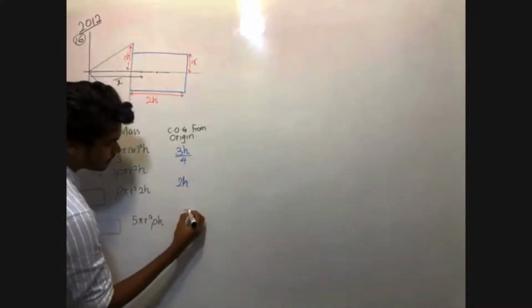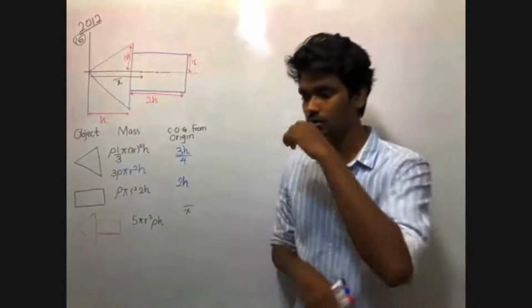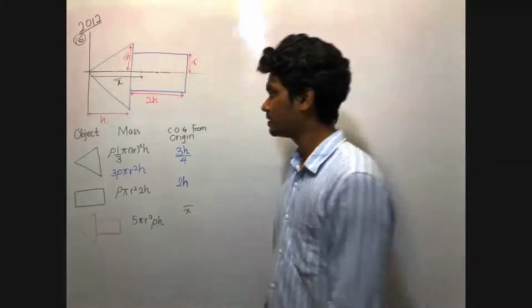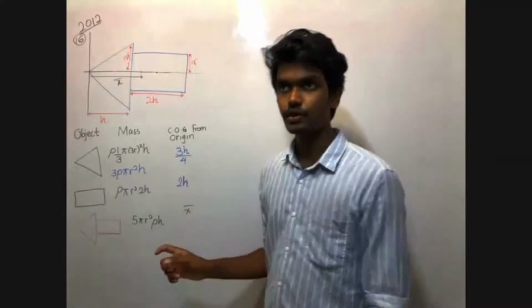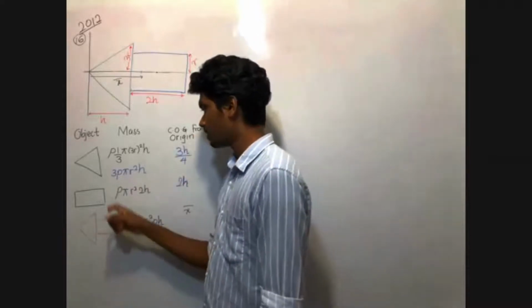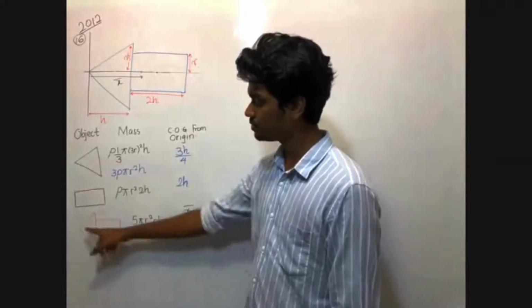X bar, right? We do not know exactly where it is. We need to find this. This is the goal. So what do we do? These two objects join to form this. This and this join to form this.